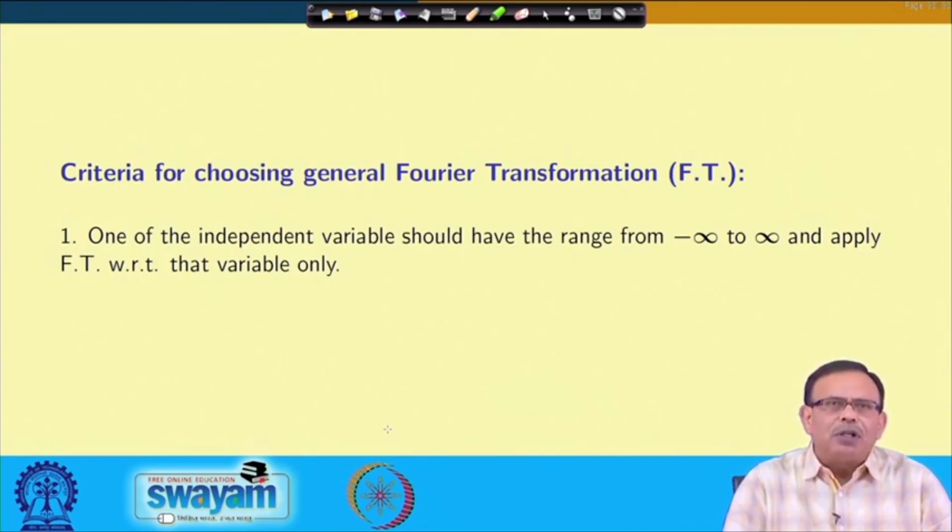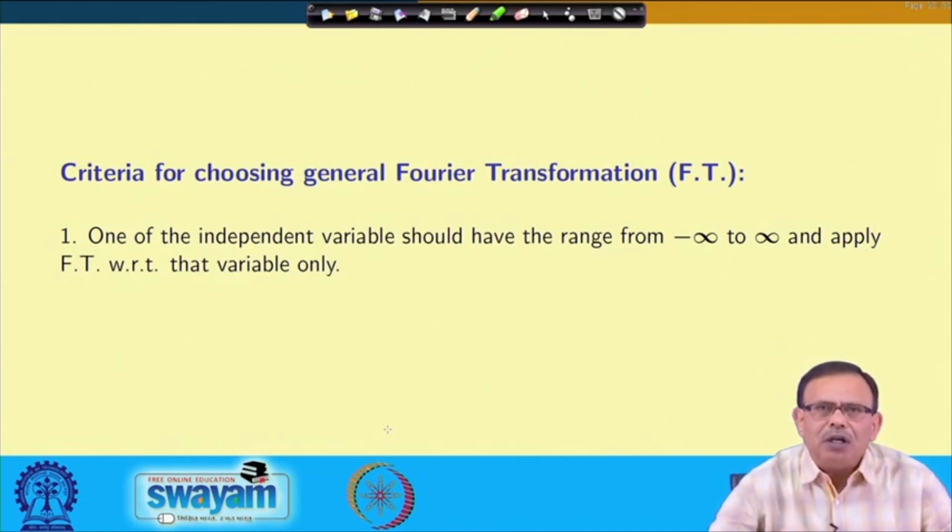Therefore, the first condition: usually there will be two independent variables, and at least one of the independent variables should have the range from minus infinity to infinity. Then we can apply Fourier transform with respect to that variable only. If the variable range is something different, we cannot use the Fourier transform.